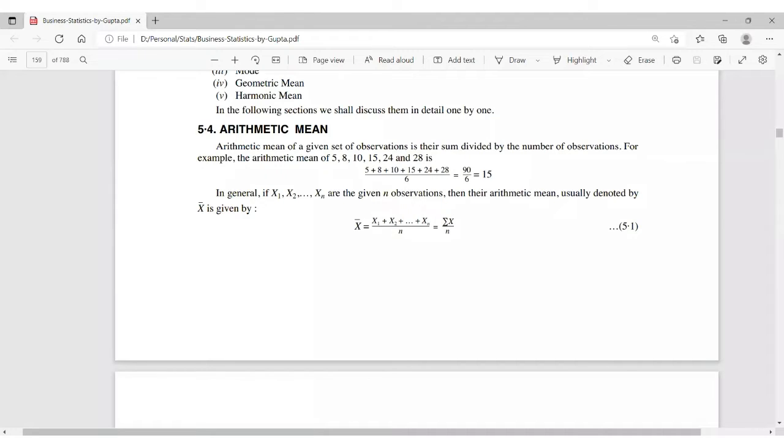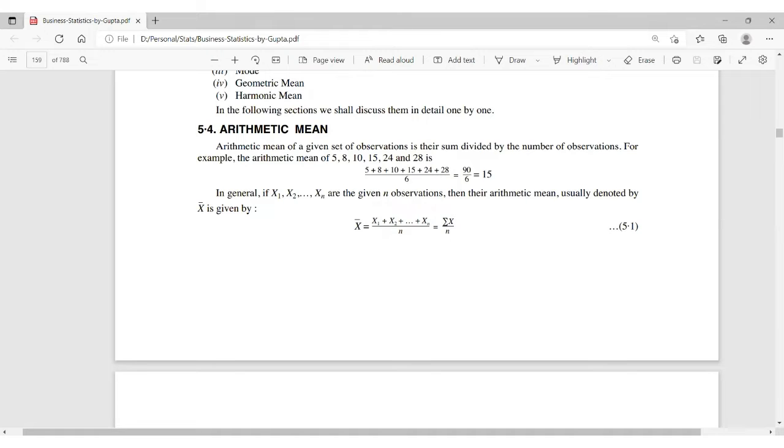Second one is grouped data. Ungrouped data, or we can say individual series. Individual series means individual numbers, that is, the data which represents individual quantity, individual name. That is called the ungrouped data.